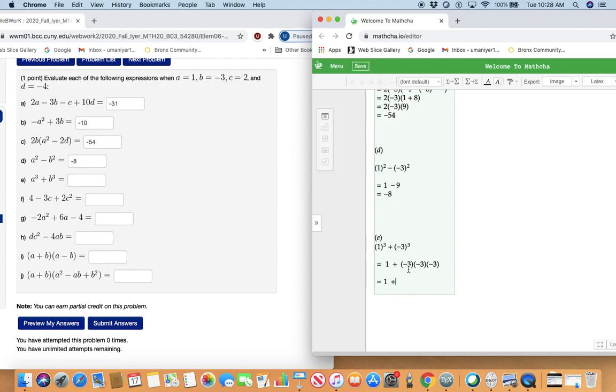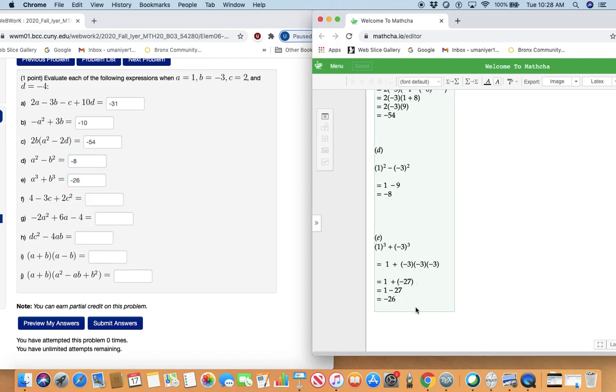Plus negative times negative times negative, overall negative. 3 times 3 times 3: 3 times 3 is 9, 9 times 3 is 27. So that is 1, positive followed by a negative is negative 27. Notice 27 is bigger magnitude than 1, so when I subtract, I get negative 26.